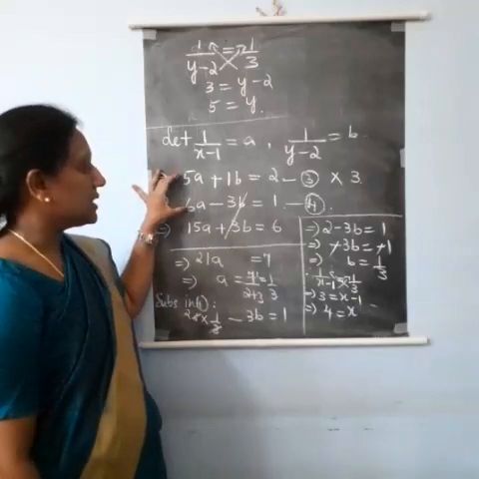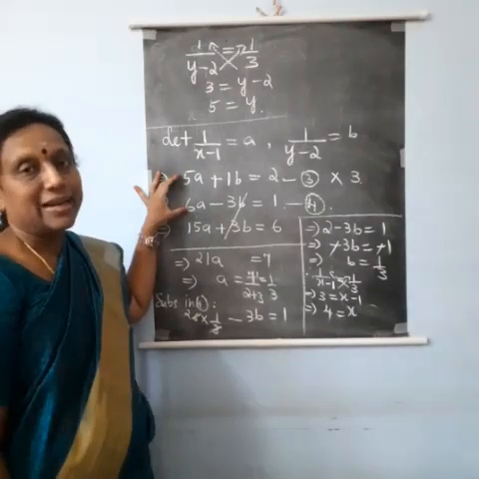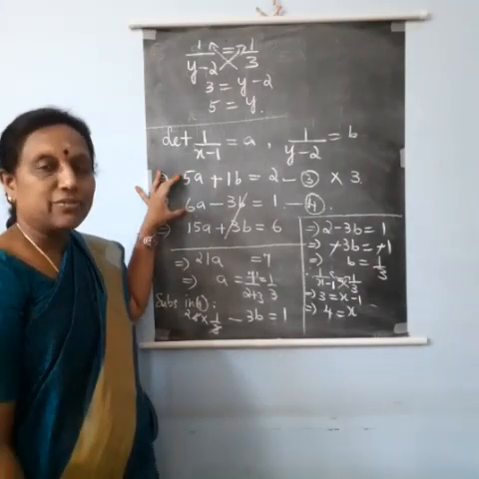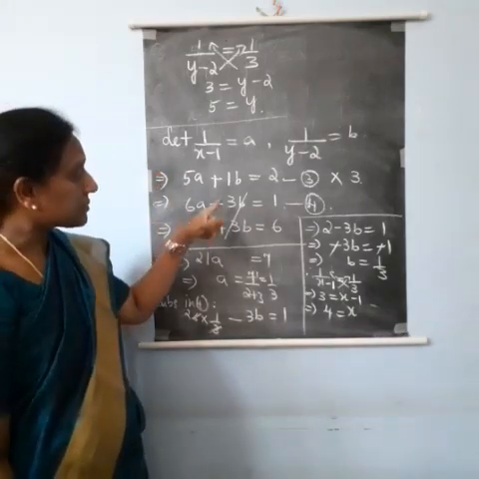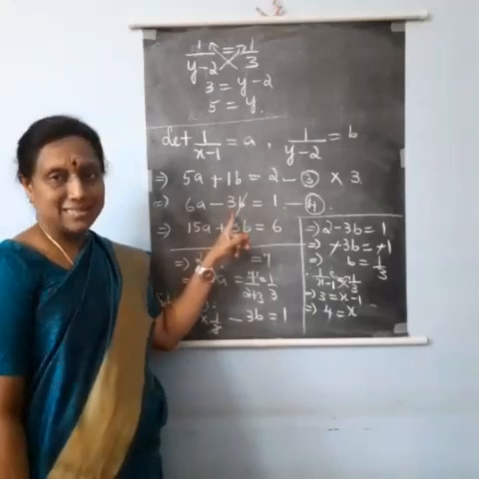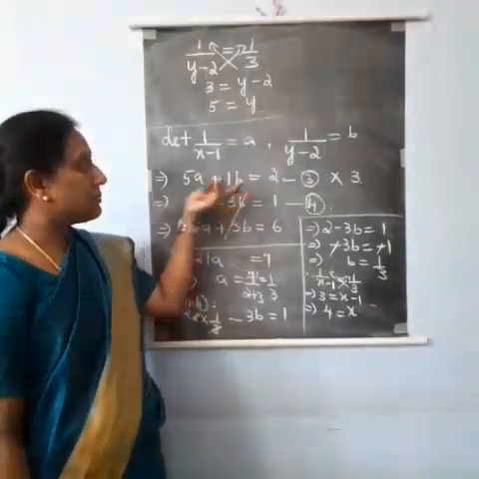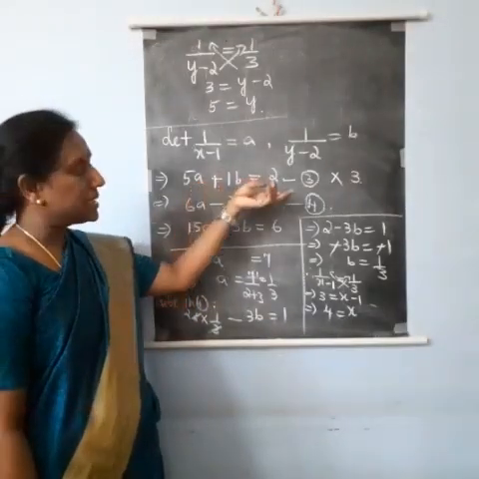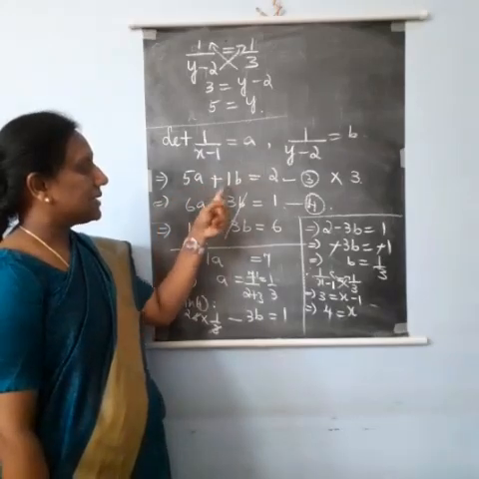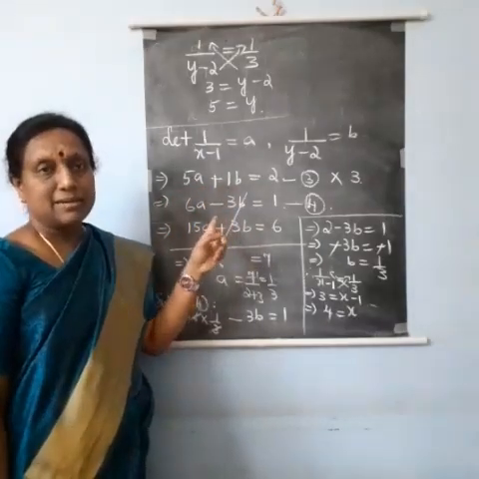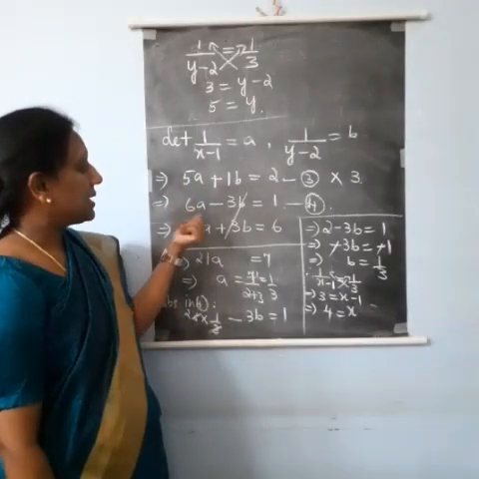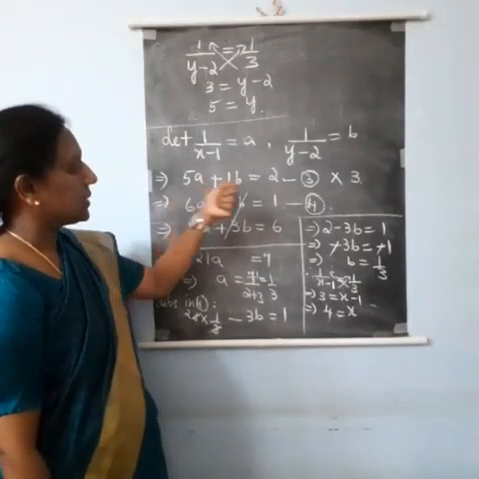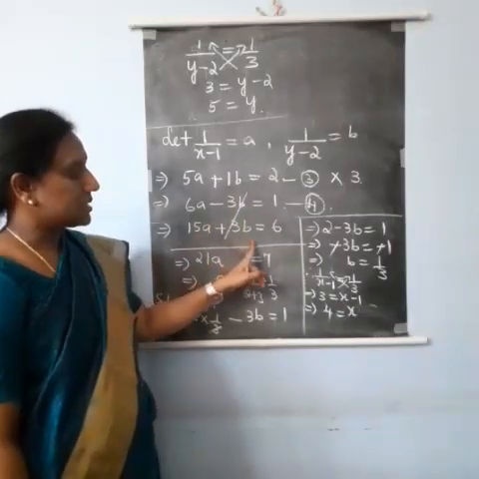Now I have solved these two equations by the method of elimination. For the method of elimination, we have to get rid of one variable, right? So in this case, I see this is 1 and this is 3. So it will be easier to multiply this equation by 3. If I multiply this equation by 3, 3b and minus 3b will be helping me to get rid of b. So what I have done is multiplied this first equation by 3 and got this result.